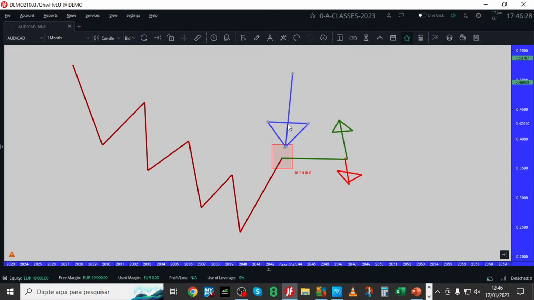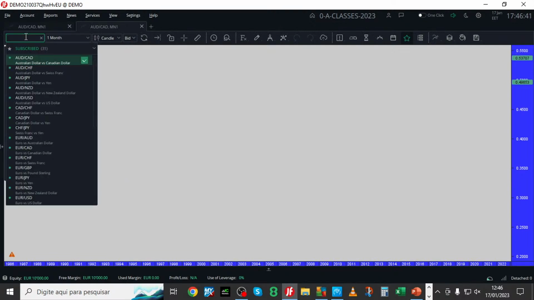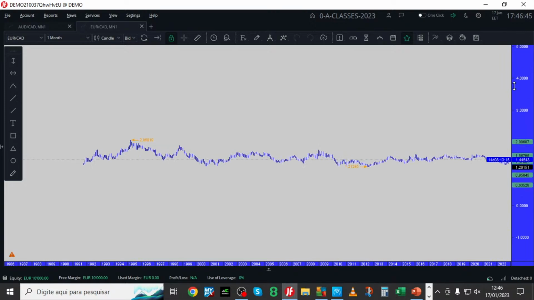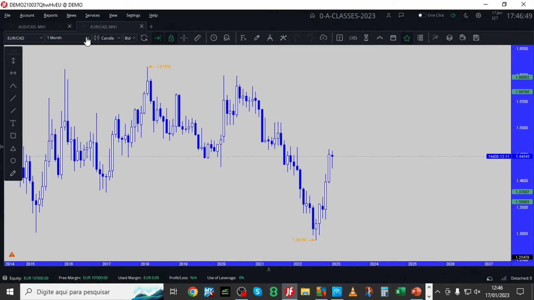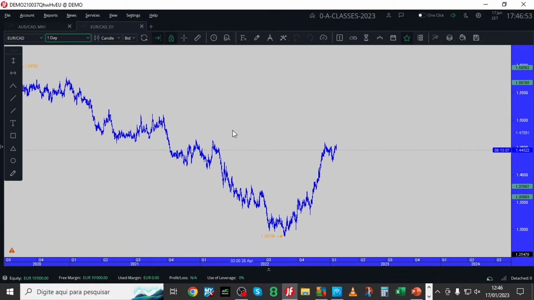You have some currency pairs right now. Euro-CAD, it's right now like this. Let me check, everybody. Clone chart, Euro-CAD. Not the monthly, maybe the daily.